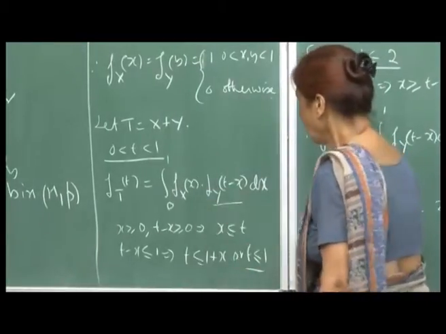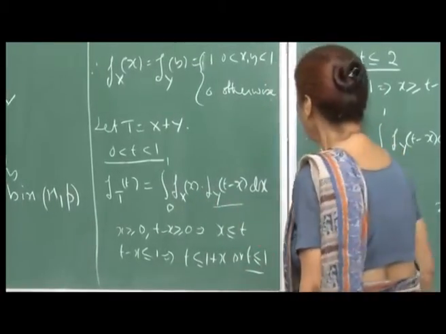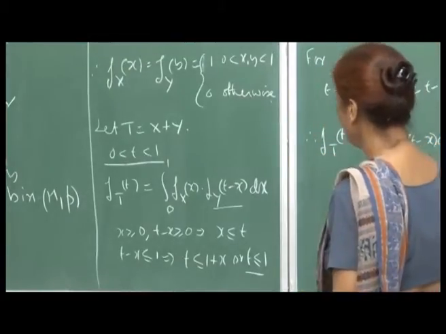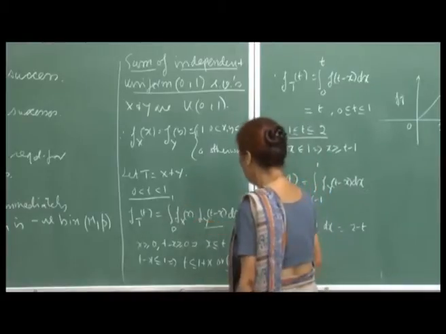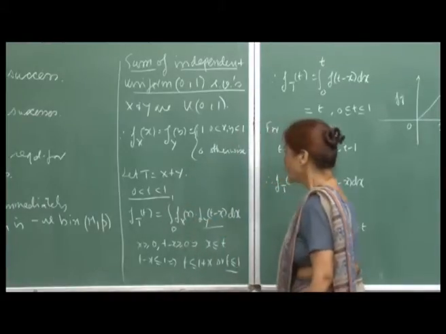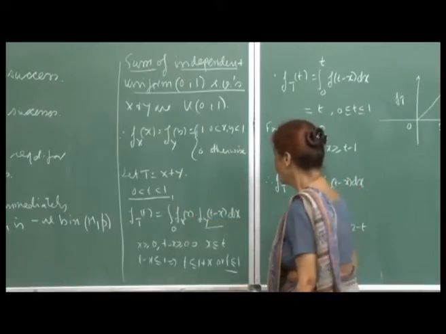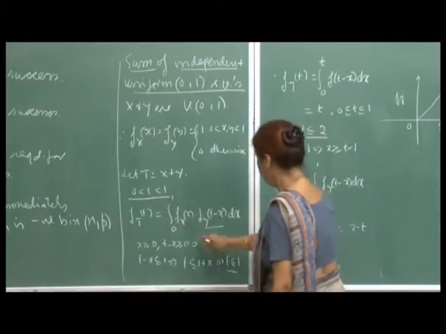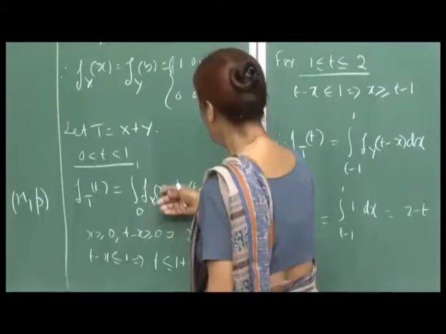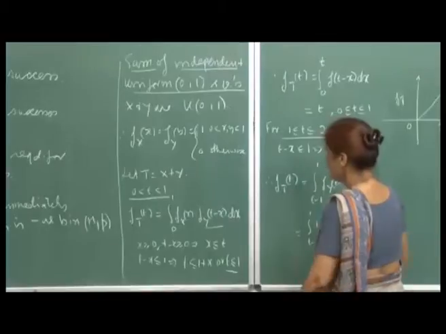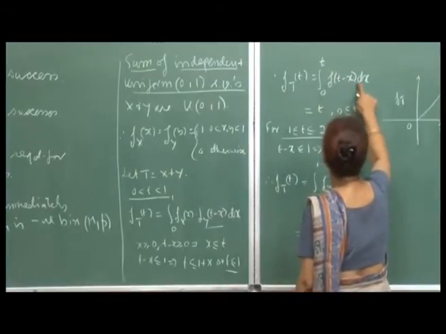So, the way we are defining this, the limits for t would have to be from 0 to 1, right, and then x can vary from 0 to 1. Right now I am writing the integral this way, but since for x between 0 and 1 this is 1, this will reduce to simply the integral from 0 to t of f y of t minus x dx.